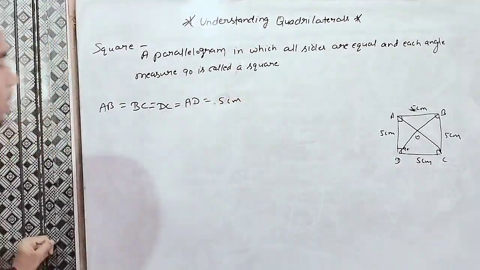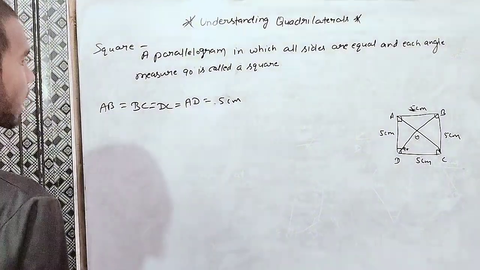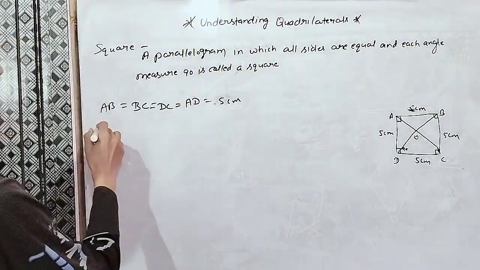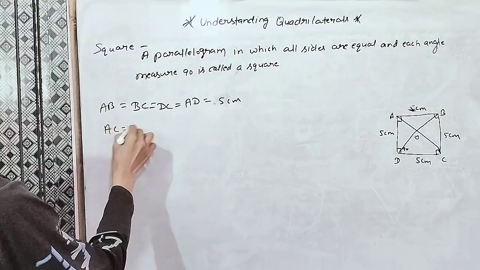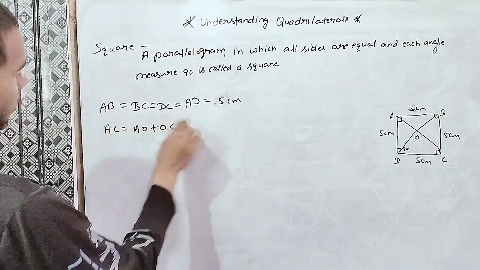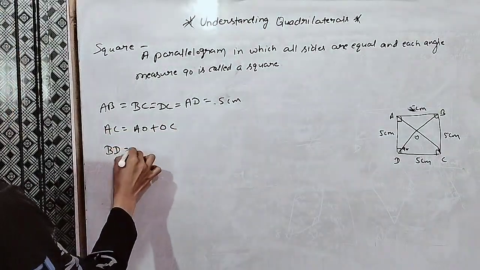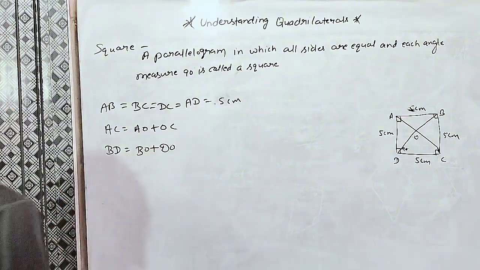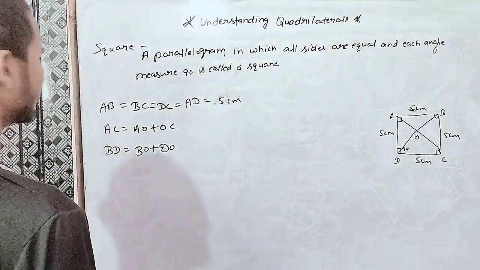This is just an example. We have two diagonals and they bisect each other. For example, AC is AO plus OC, whereas BD is equal to BO plus DO. That's it.